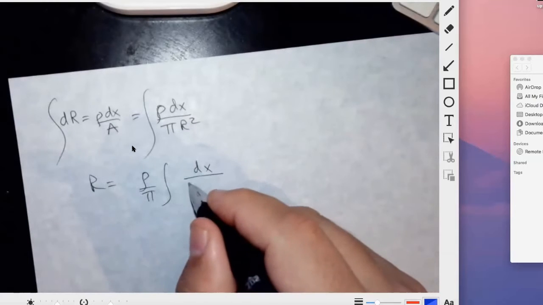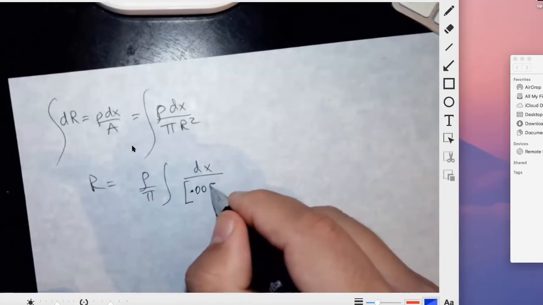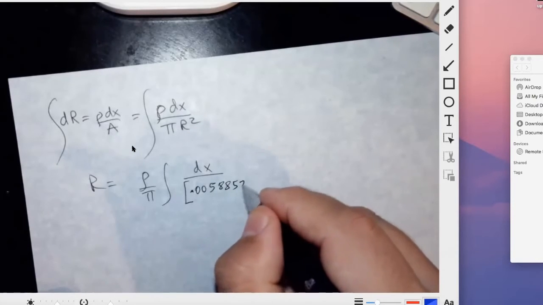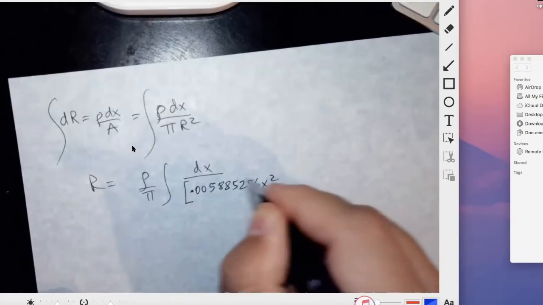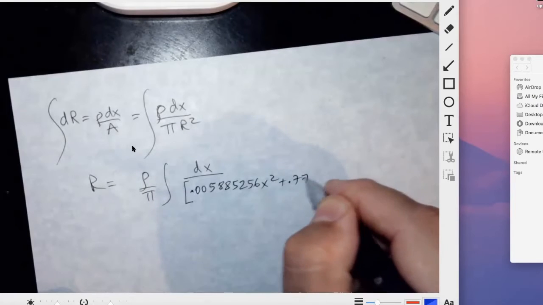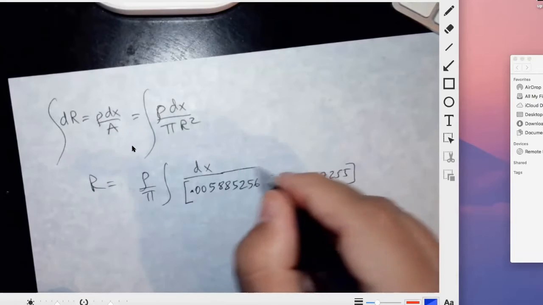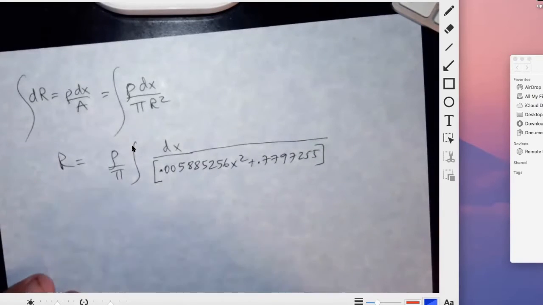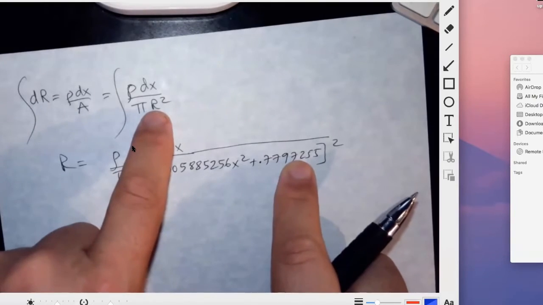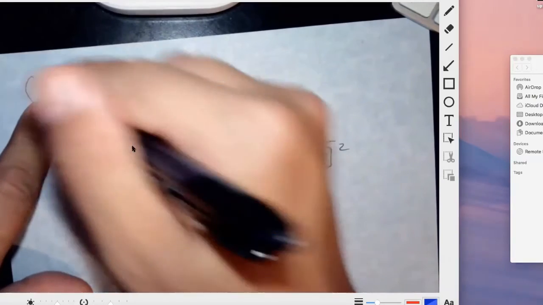So then alpha is going to be 0.005885256 x squared plus 0.7797255. Okay, but then squared. So this is the radius. You know what? This R and this R is confusing because this is the resistance.